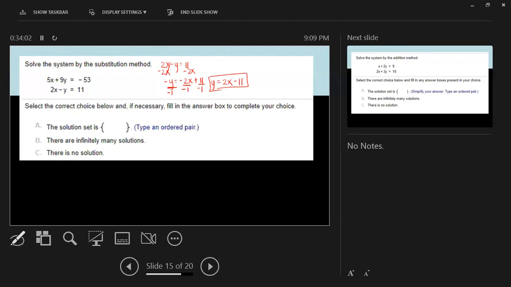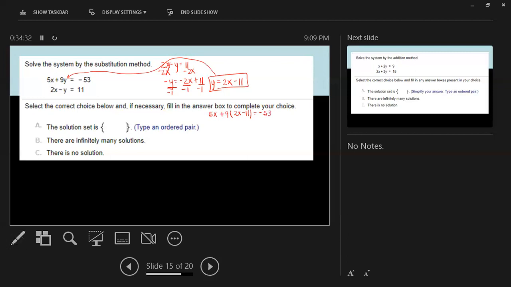Now that I've solved for one of the variables, I'm going to take this information and plug it into the first equation for the variable y. So I'm left with 5x plus 9 times the quantity 2x subtract 11 is equal to -53.